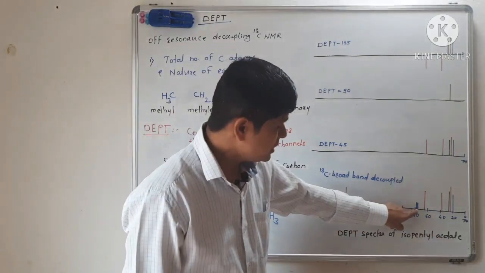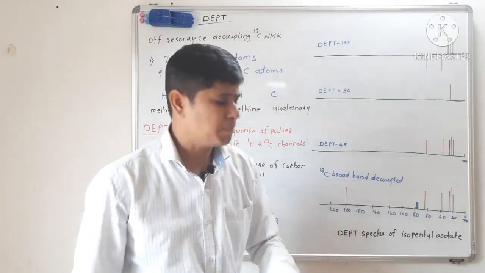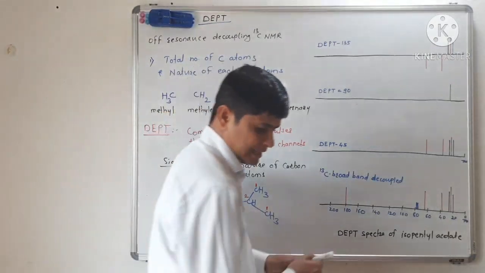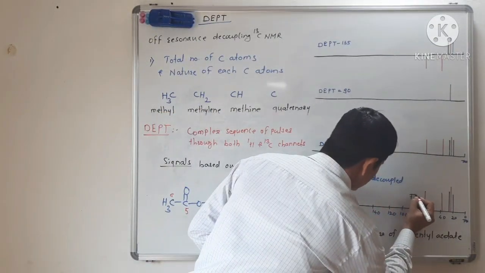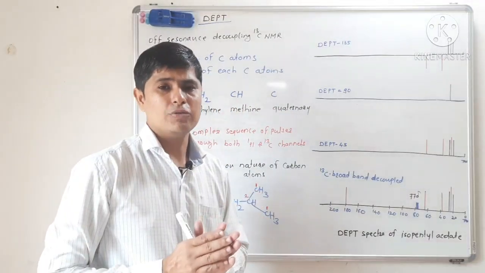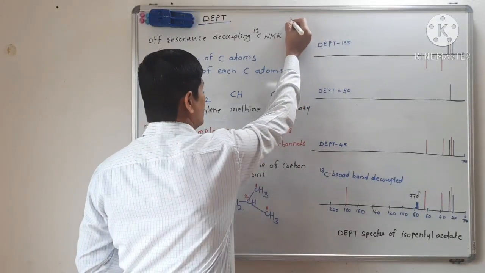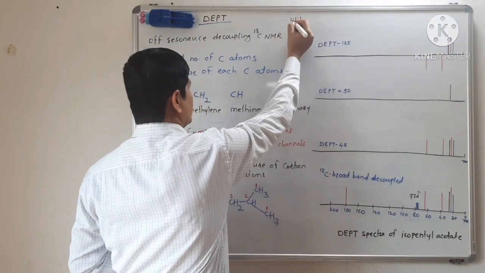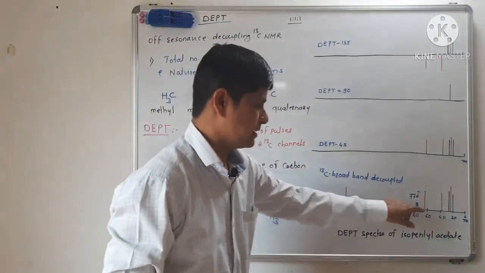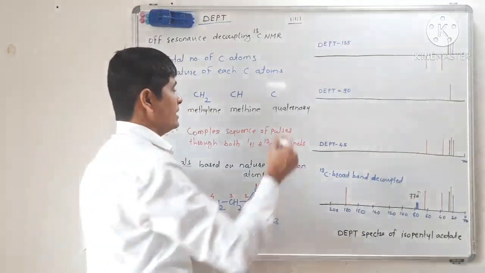Now you may be worried about the signal that looks like a triplet at 77 delta, with intensity 1:1:1.